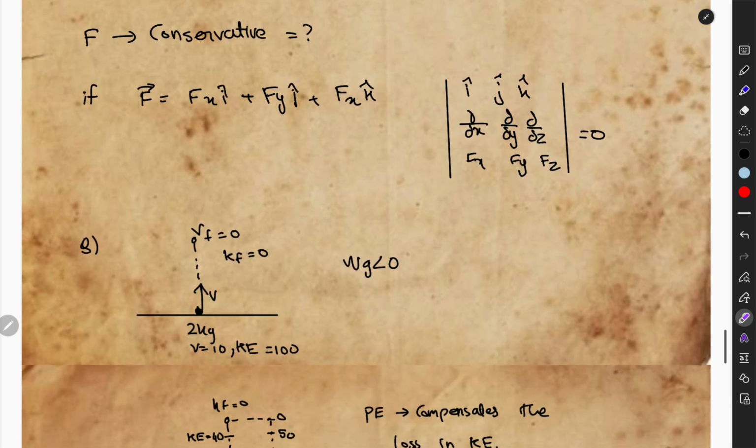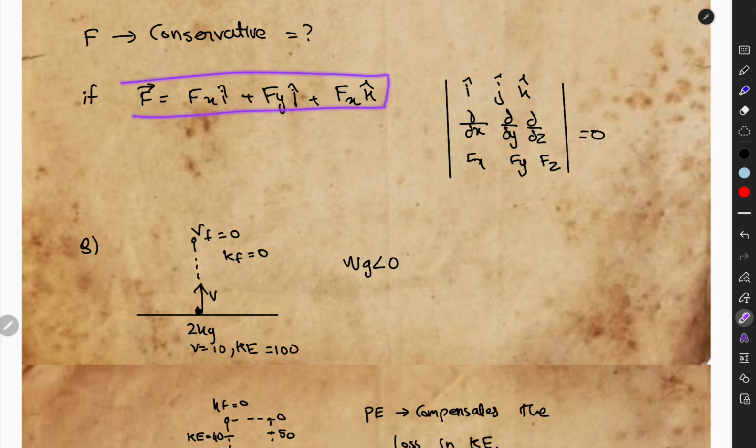So how to find whether a particular force is path dependent, conservative or not? This is the least important thing. They barely ask this, but for the sake of completion, I'm going to cover it. But you can also remember it, because when you go for higher studies, it will definitely be useful.